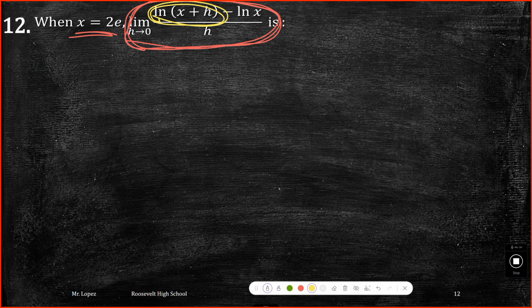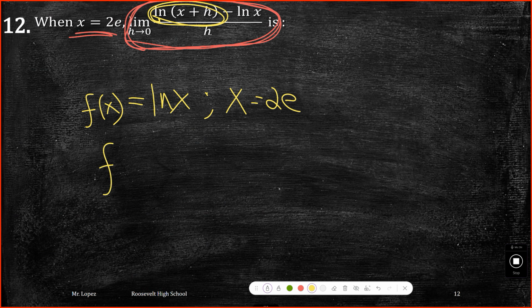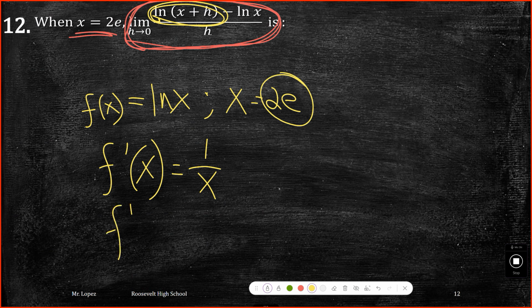You see that it's going to be an ln x function, f of x, evaluated at x equals 2e. So we just got to take the derivative and evaluate it at 2e. F prime of x is equal to 1 over x. Then it's been evaluated there, so it's going to be f prime at 2e. Just plug it in for x, 1 over 2e. We're done.